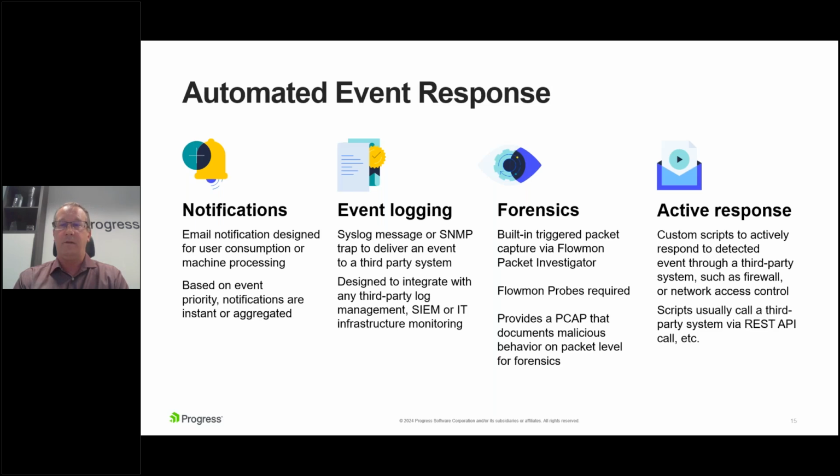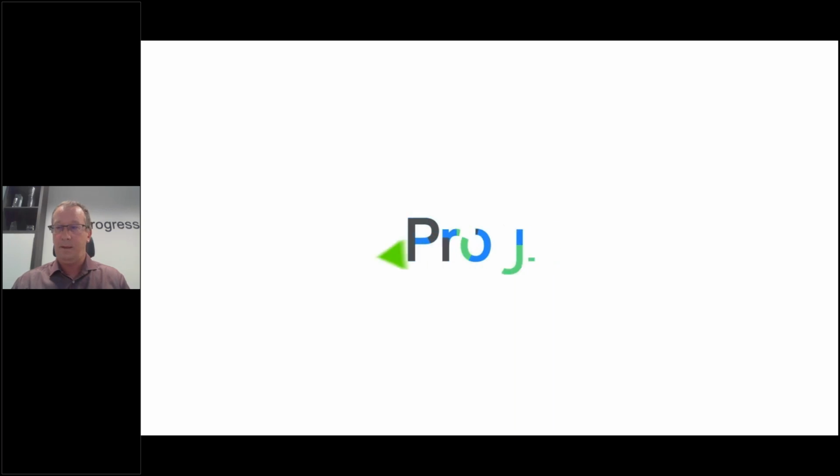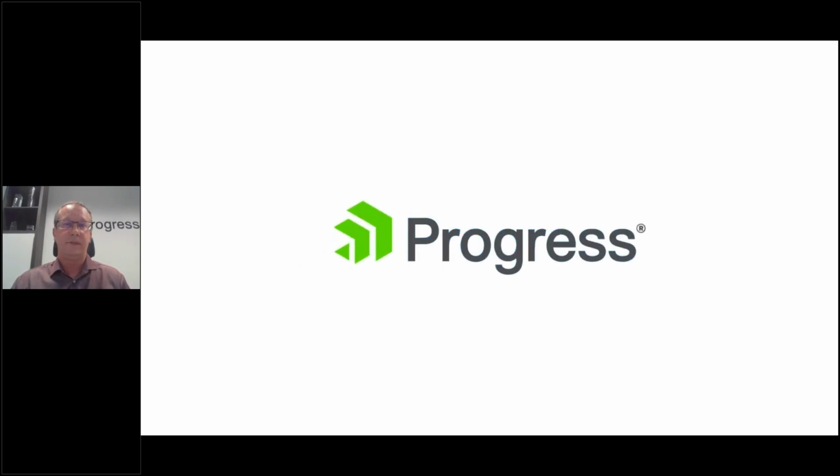And you can find on our support portal existing integrations to firewall vendors and other mitigation systems that you may have in place. So that's it. And now I'm happy to take any questions if these exist.